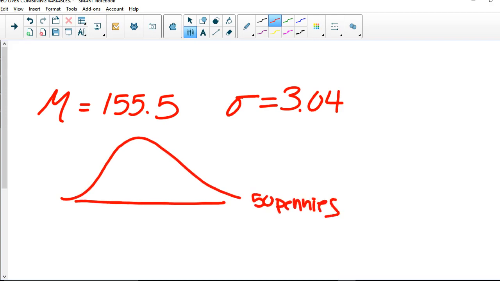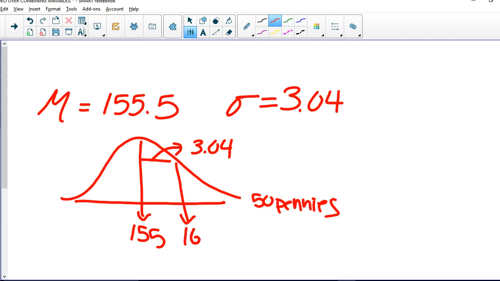Now be prepared for a question that may ask, what is the probability that 50 pennies weigh more than 165 ounces or grams or whatever they're measuring it in. Be prepared for that question. What's the probability that 50 pennies weigh more than 165 grams?